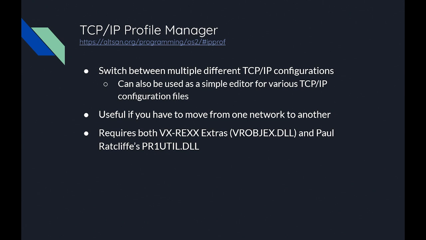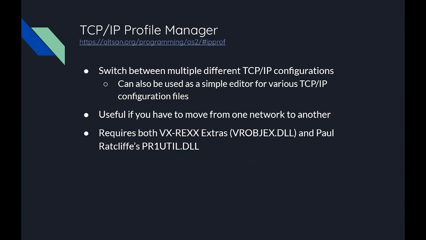All right, TCP/IP profile manager. Remember I said stick a pin in the idea of a profile when I was talking about Flush IP? So Flush IP basically evolved into this. This provides an easy way to define different TCP/IP configurations and just switch between them graphically. So, for example, if I have a configuration where I need to use LAN 1 for my DHCP instead of LAN 0, I can create a profile for that.